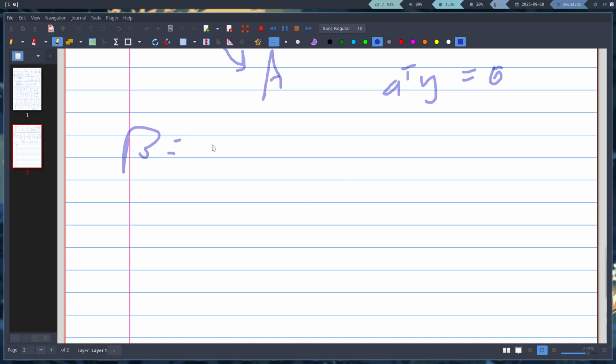So what we got was B is just B minus XA, and X is A transpose B over A transpose A, so this is the scaling factor.